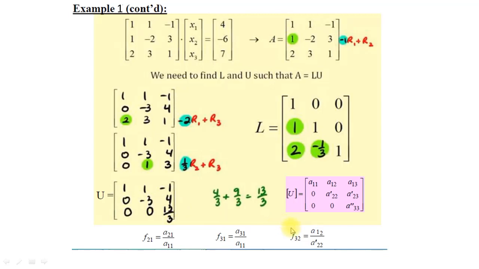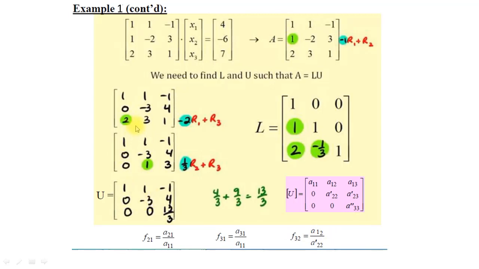In these three positions we obtain the new elements. So to find f32, divide a12 from matrix A, first row second column, this is a12, by a dash 22 from the upper triangular matrix. This is a dash 22, this is a dash 23, and this is a dash 33. So a dash 22 in this upper triangular matrix is minus 3.